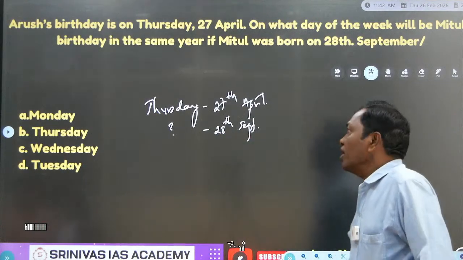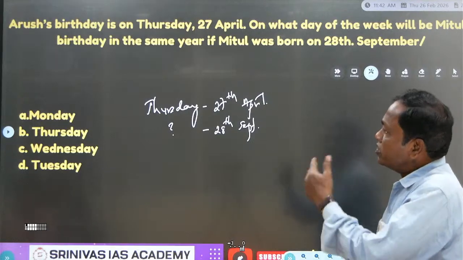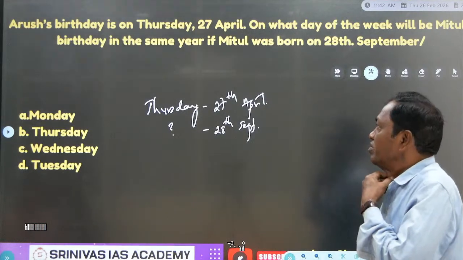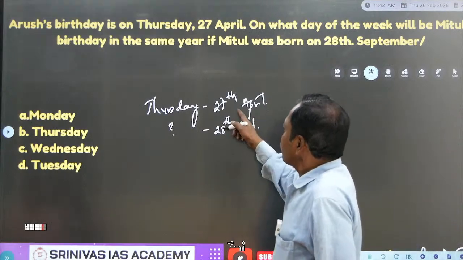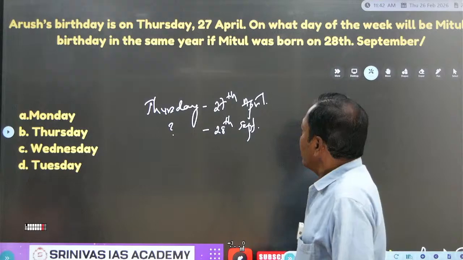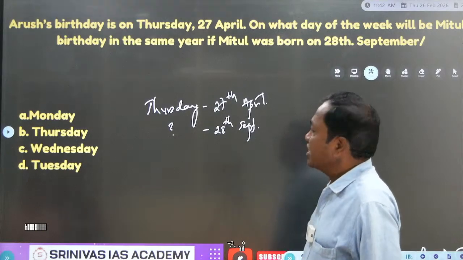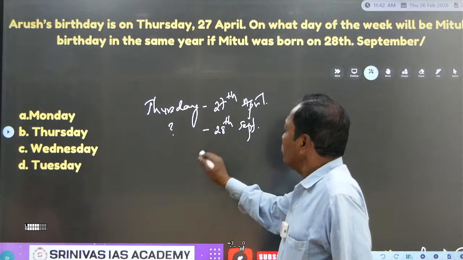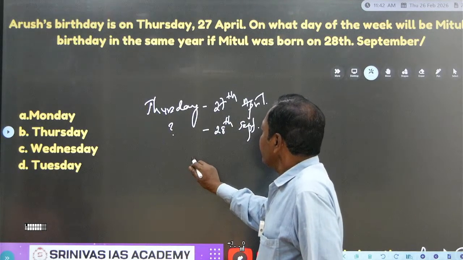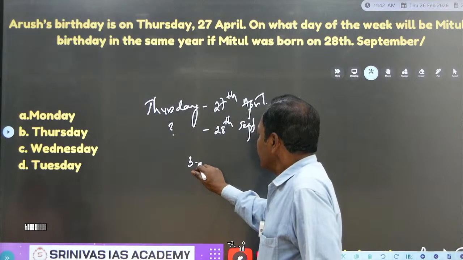Now we have to see the total number of days difference between them. This is the 27th April. April is a 30 days month. After 27th, how many days are left? 28, 29, 30, 3 days.